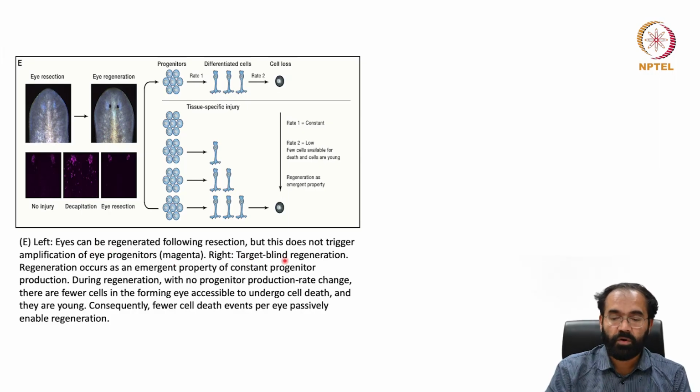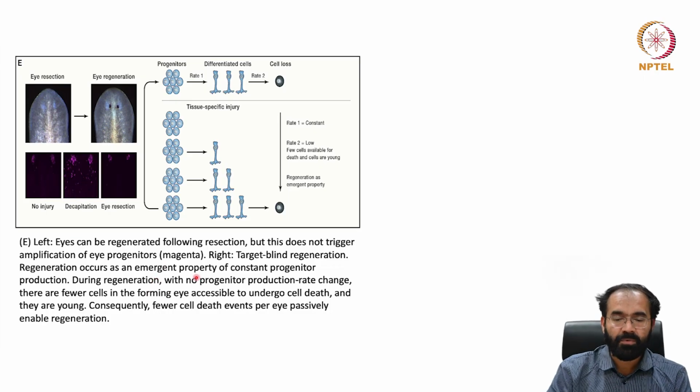Eyes can be regenerated following a resection, but this does not trigger amplification of eye progenitors. The reason you could imagine: in the previous class we saw that soon after an amputation, the rate of proliferation of neoblasts increases. But if you just remove the eye, you don't see any accelerated proliferation because the same specialized neoblasts can give rise to the eye. You don't need any alarming injury response event.